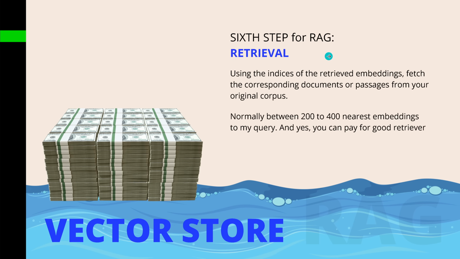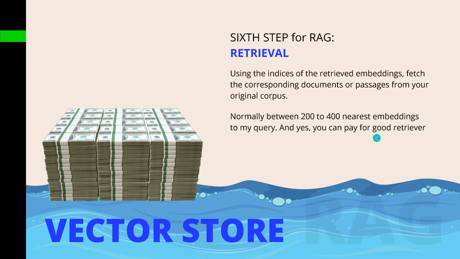Now, what is the sixth step here of RAG? It is the retrieval. Now, using the instances of the retrieved embeddings, we now fetch here the corresponding chunk of documents or chunk of text or passages from your original text corpora. And then, normally, as I've shown in my videos here, you take about 200 to 400 of the nearest embeddings to the query that you have, because otherwise you have a chance that you simply miss out on the correct solution.